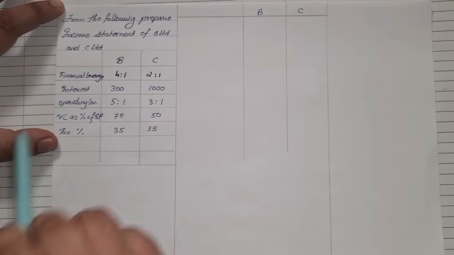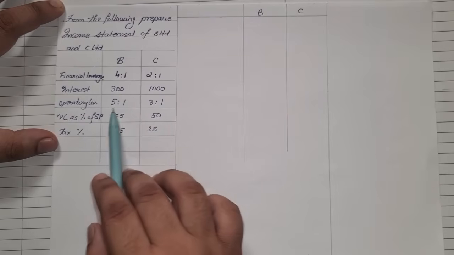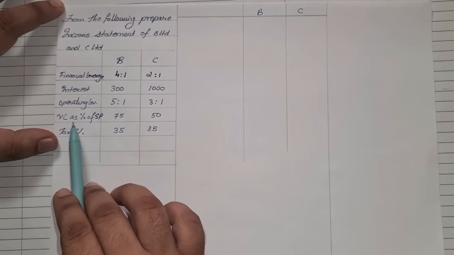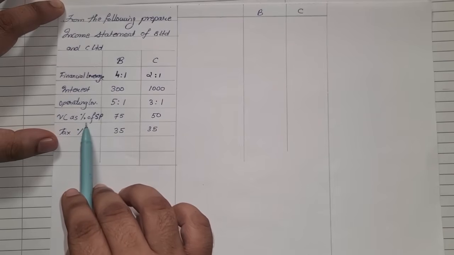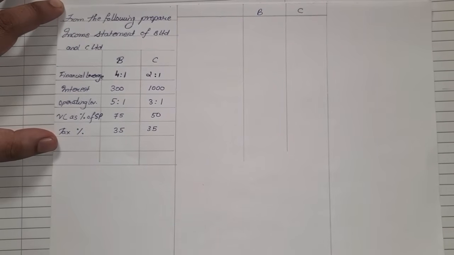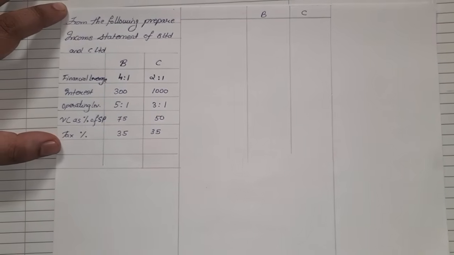Financial leverage has been given to us, they have given you the interest, operating leverages have been given to us, variable cost as a percentage of selling price is given to us, and tax percent is given to us. So this is exactly vice versa of the first sum, where they give you all the data and ask you to find the leverage. Here the leverages are given and they are asking you to prepare the income statement. So look at this very, very carefully, okay?